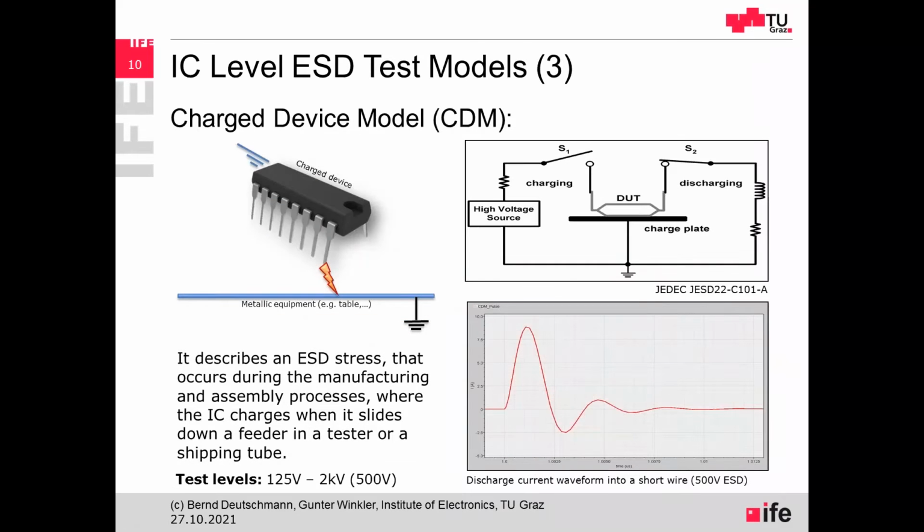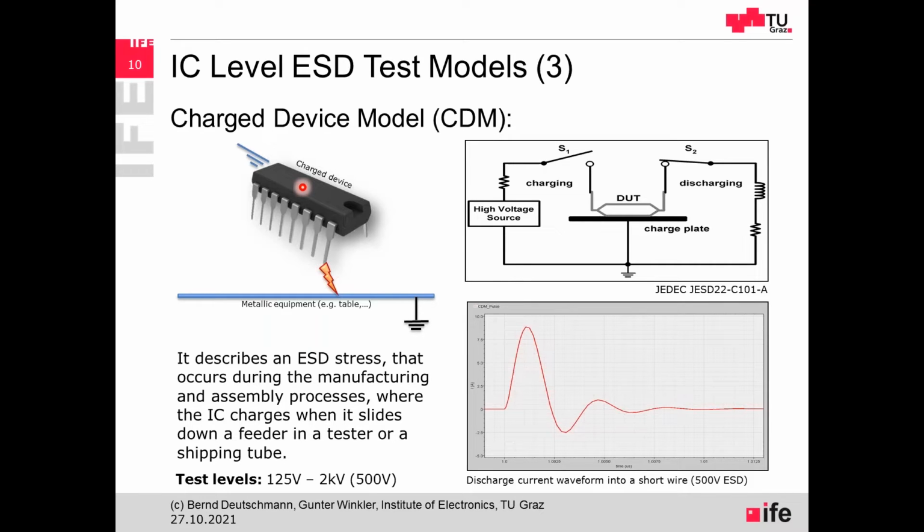And the last model that I would like to explain is the so-called charged device model. As I already said, charge can be accumulated within the integrated circuit. And once the IC is approaching, for example, a metallic table, there can be some discharge from the IC pin into this grounded table. How much charge can be accumulated within the IC is a little bit complicated to say, because it really depends on the IC itself.